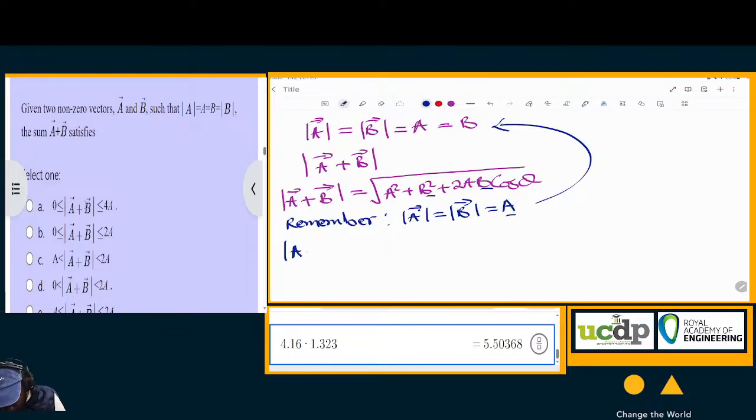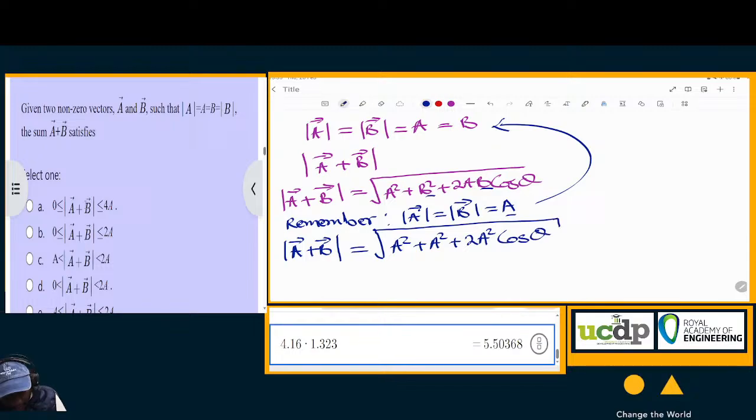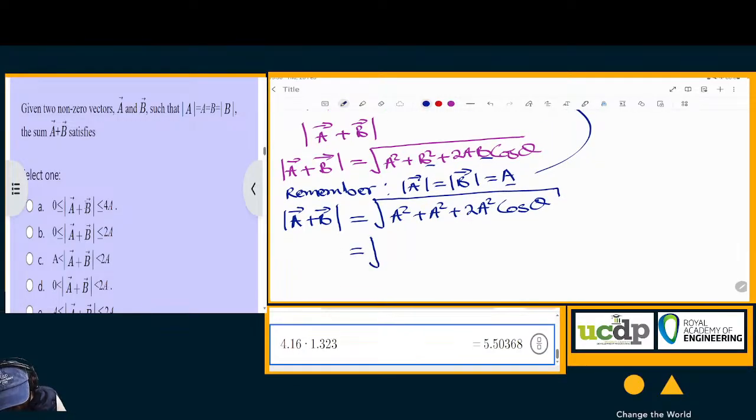So the sum of these two will now be equal to A squared plus A squared plus 2A squared cos theta, because in place of B I've put A. So I've simply substituted A for B. Then we can simplify that, which I'm pretty sure you can all do: 2A squared plus 2A squared cos theta.